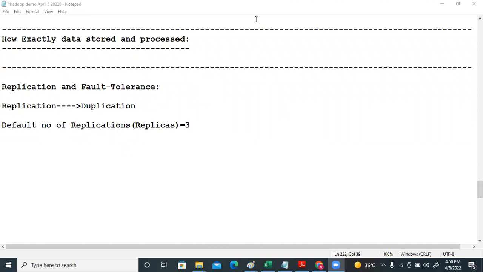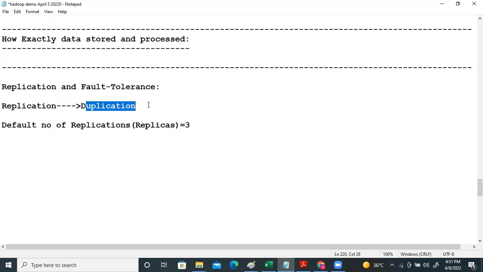Yes, it's clear. So default number of replications in Hadoop, default number of replicas equal to how many? 3 times. Only 3. Okay.